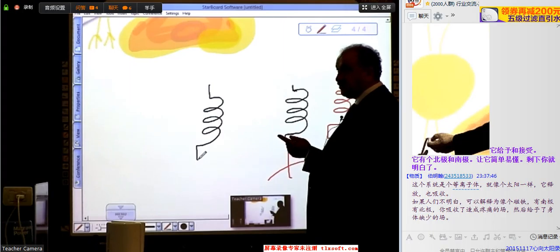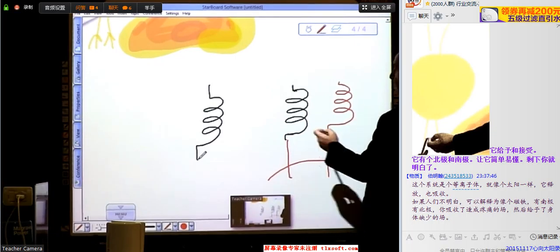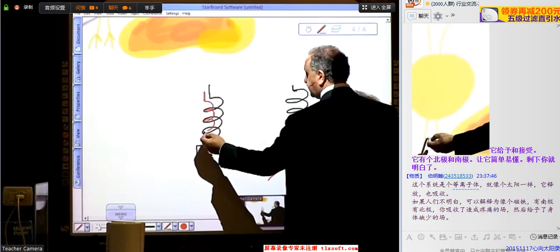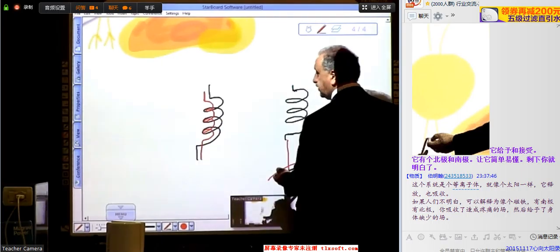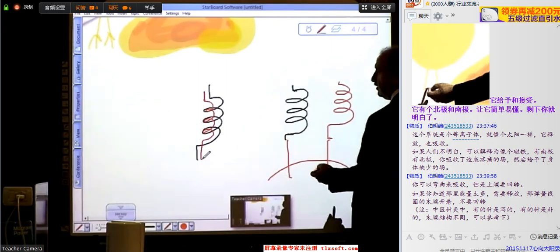Have you seen the testimonial? So you put the gravitational coil inside. Magnetical is to give. Gravitational, the red one, is to receive.